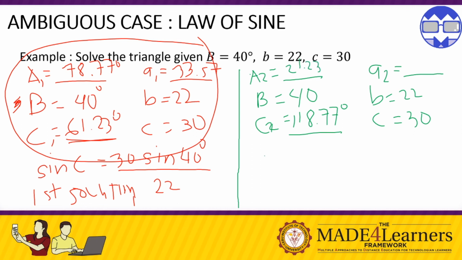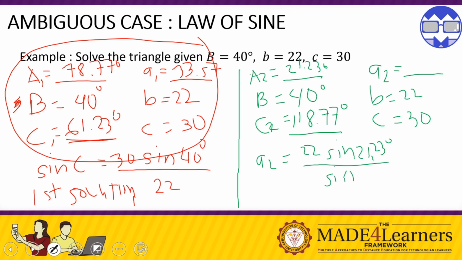And solving for a sub 2, a sub 2 equals b, which is 22, times sine of A, which is 21.23 degrees, all over sine of 40 degrees, sine of B. So we have 22 sine of 21.23 divided by sine of 40.